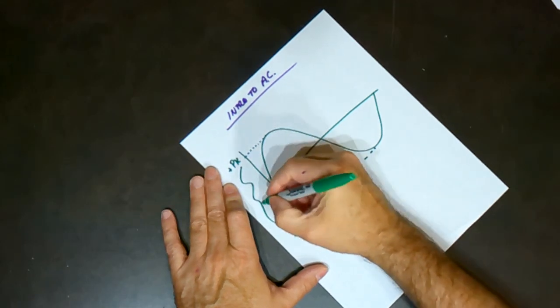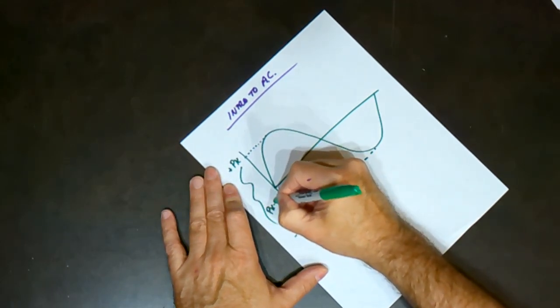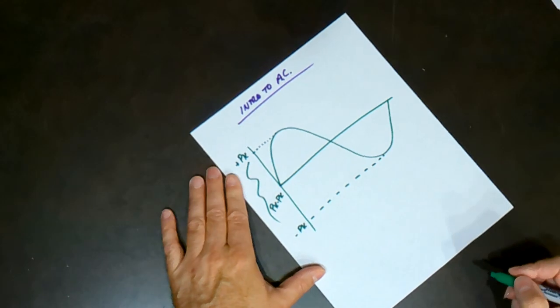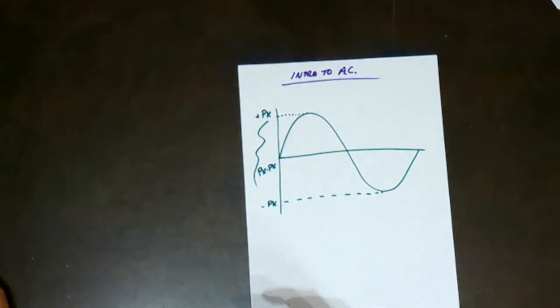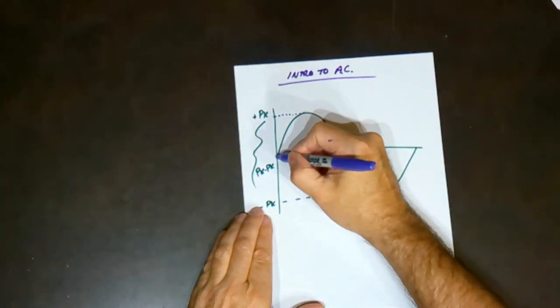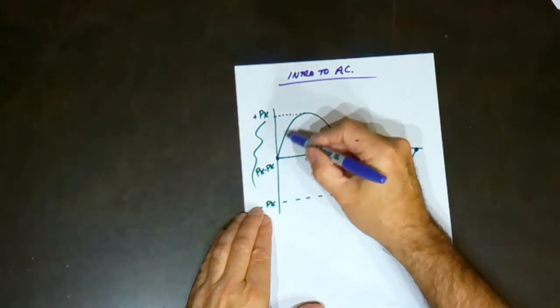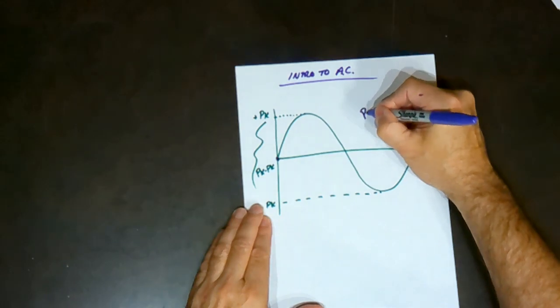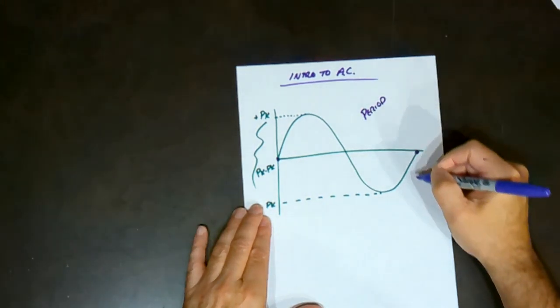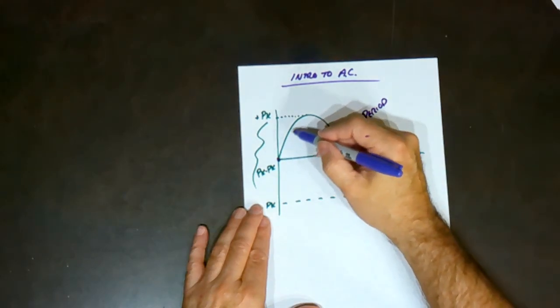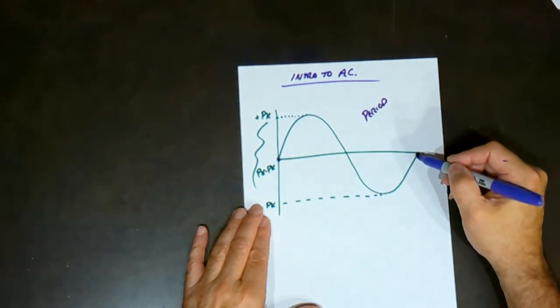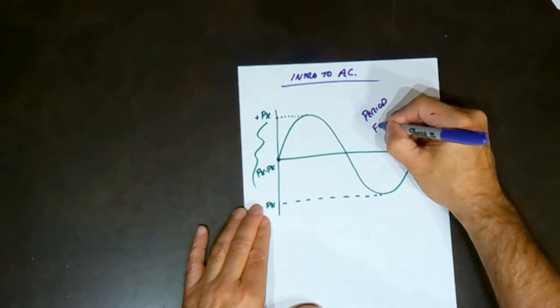The difference between them is known as the peak-to-peak voltage. The time that it takes for one cycle is called the period. And the number of cycles you get in 1 second is called the frequency.